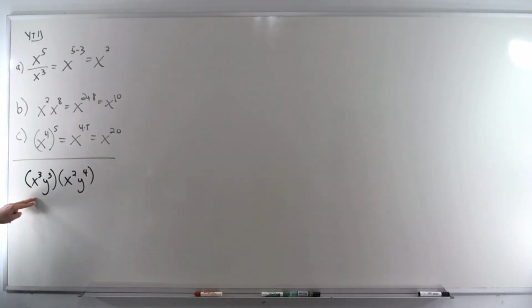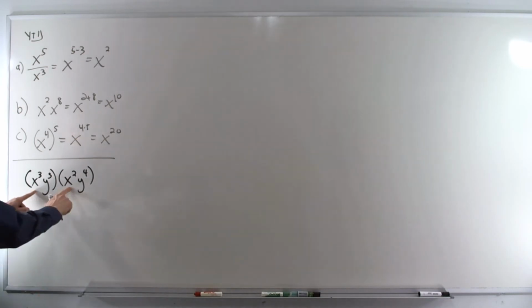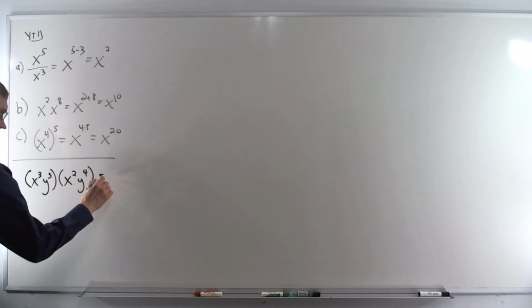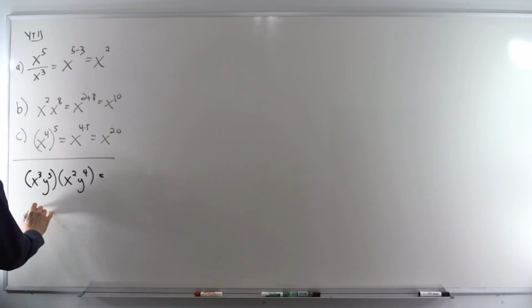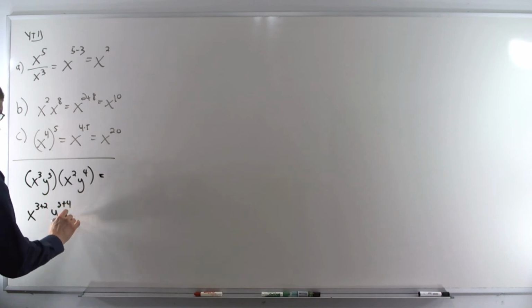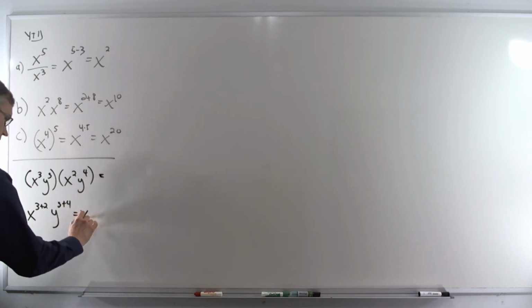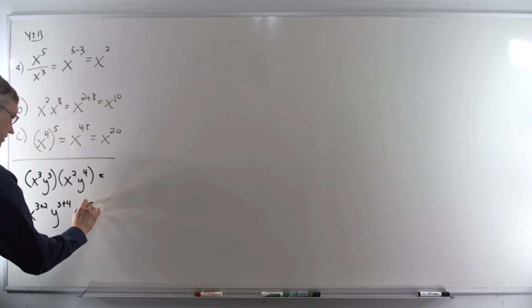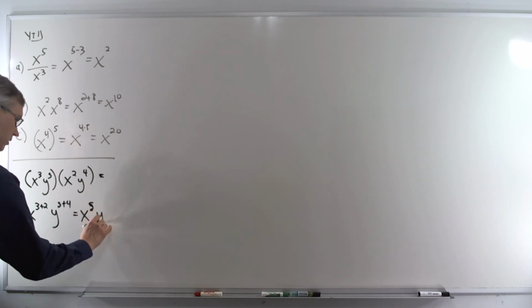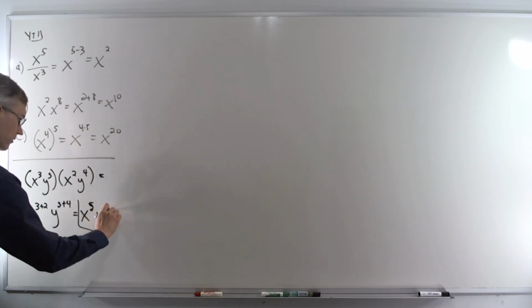In this one, we're going to be multiplying x to the 3rd, y to the 5th times x squared, y to the 4th. So we're going to combine the x's together. That's x to the 3 plus 2. And then y to the 5 plus 4. So that gives us x to the 5th power and y to the 9th.